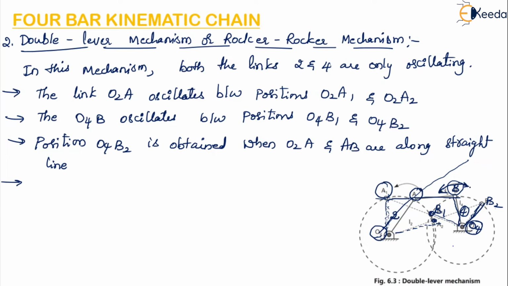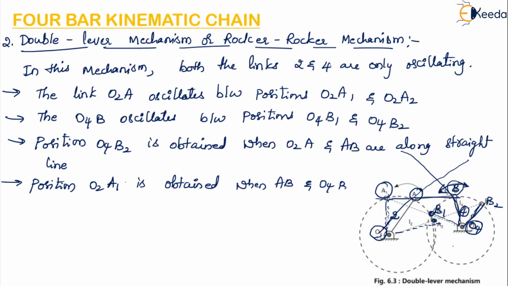So O2A1 is obtained when AB and O4B are along a straight line. So this is about the double lever mechanism.